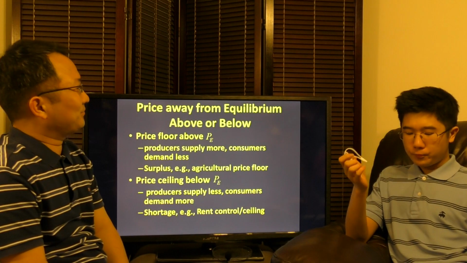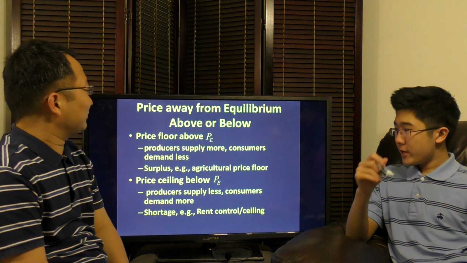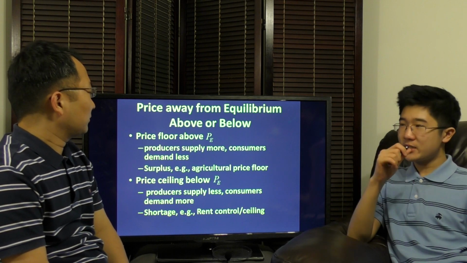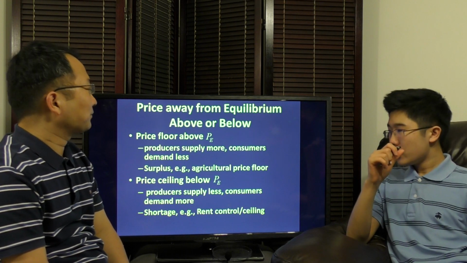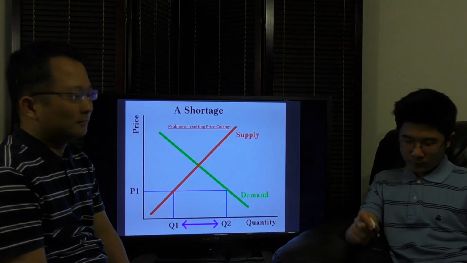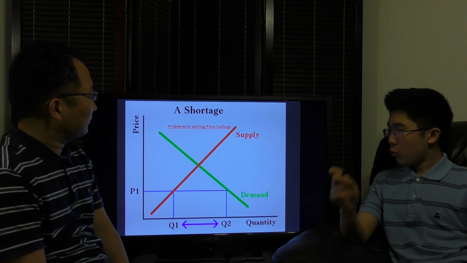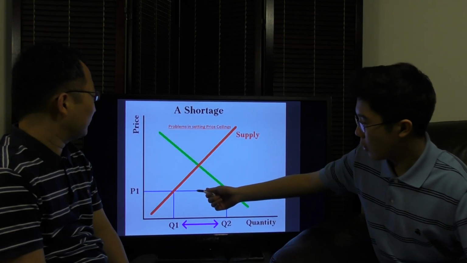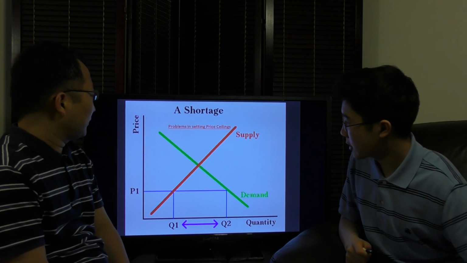The other situation is a price ceiling, a maximum price. A price floor is a minimum price. A price ceiling, when effective, is below the equilibrium price. Remember, we have equilibrium at P2 right here, and our P1 is lower than P2, so we have a price ceiling.